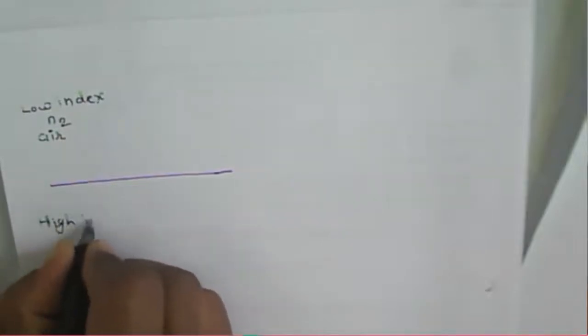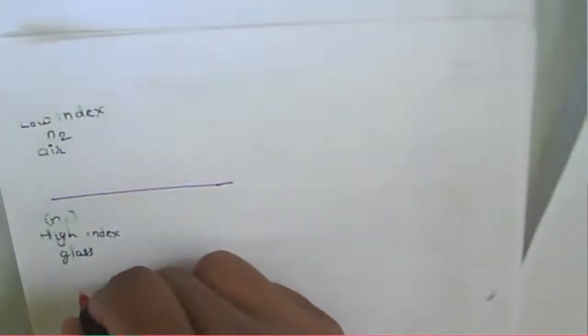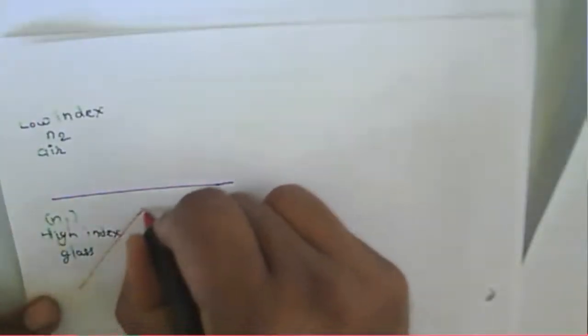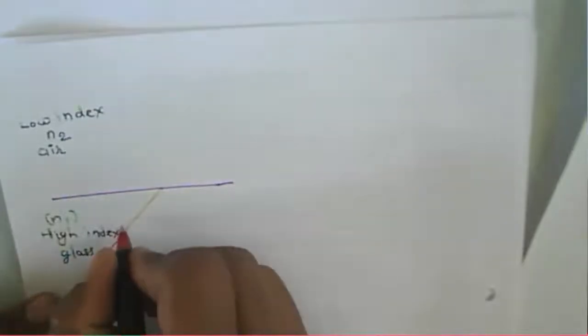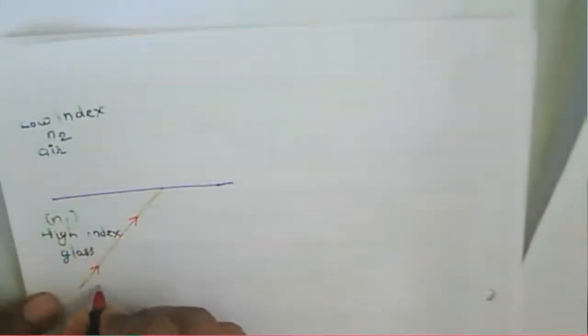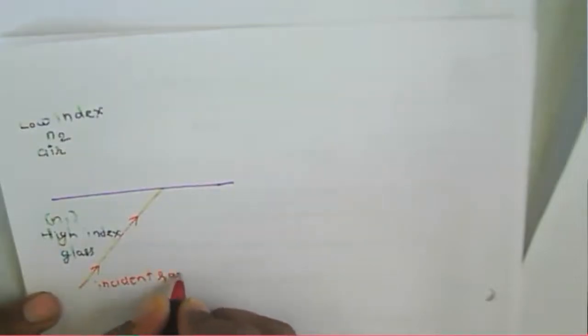And this material has a high index, and this material is glass, and it has a value of N1. Now at this particular boundary, suppose there is an incident ray.